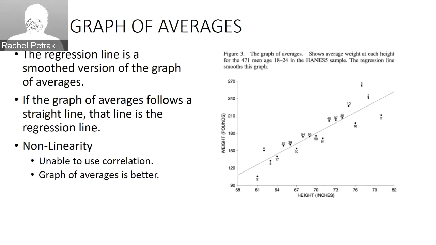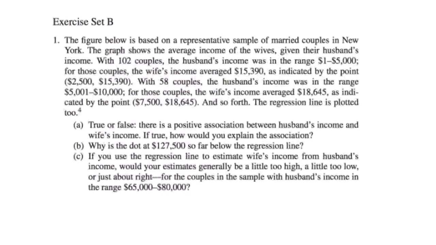And you can see that the figure is based on a representative sample of married couples in New York, and the graph shows the average income of the wives given their husband's income. With 102 couples, the husband's income was in the range of $1,000 to $5,000. For those couples, the wife's income averaged $15,390, as indicated by the point 2,500, 15,390.